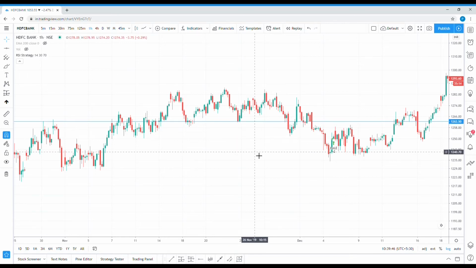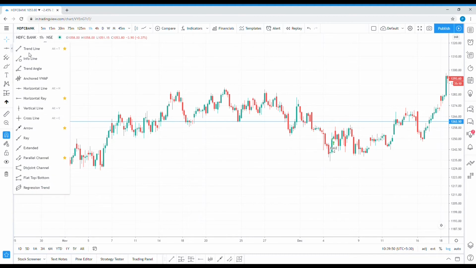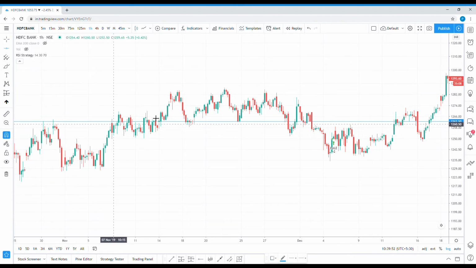Now I'll draw the resistance line. Again you have to go here and select the horizontal line. As you can see, there is rejection, rejection, rejection, so there is obviously some resistance.